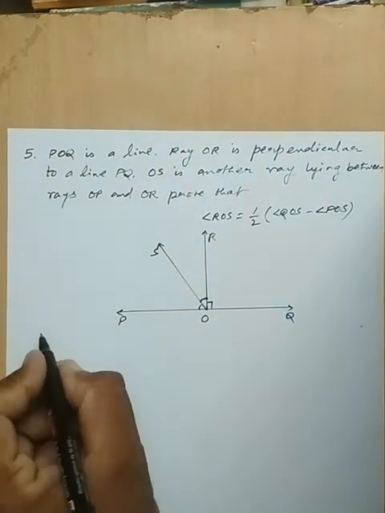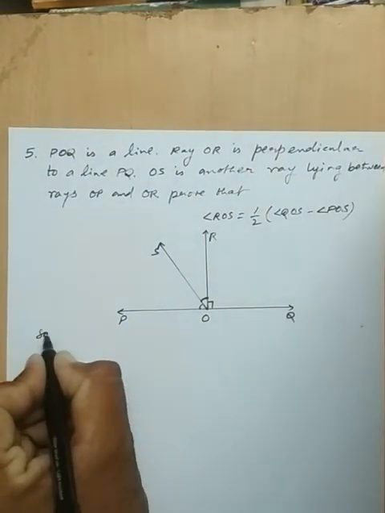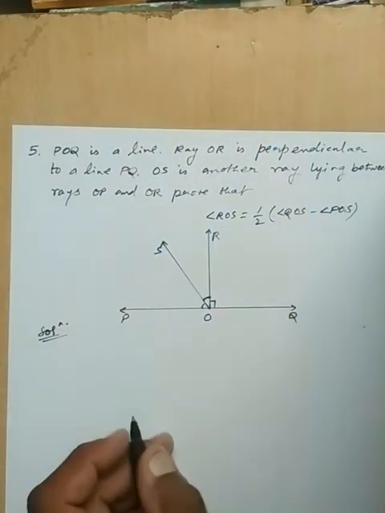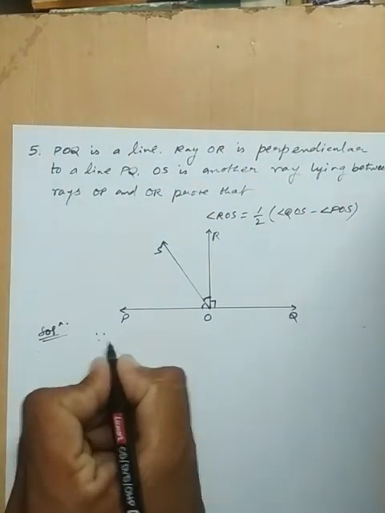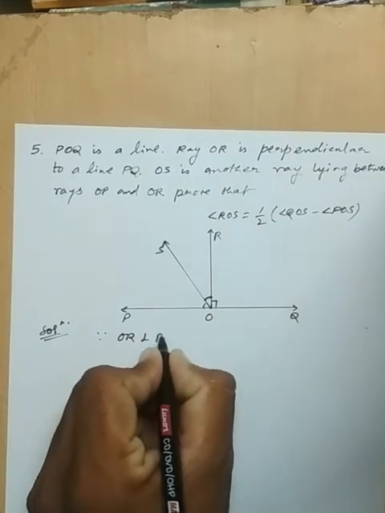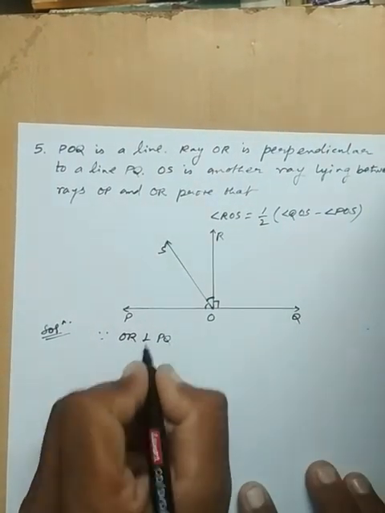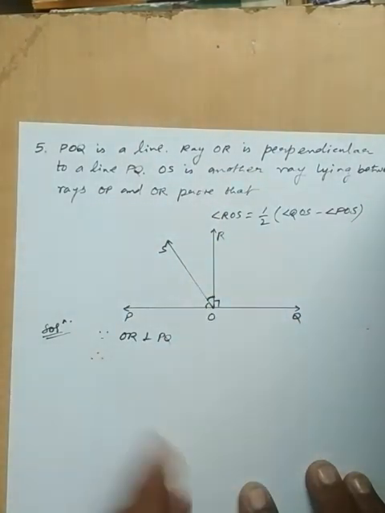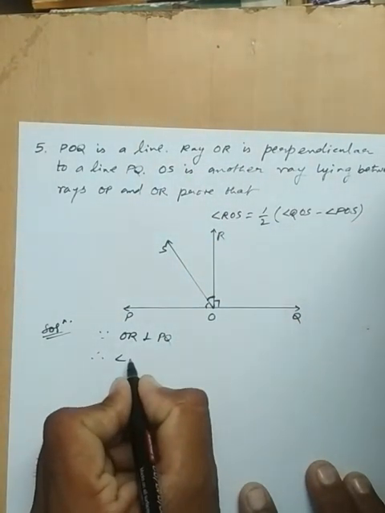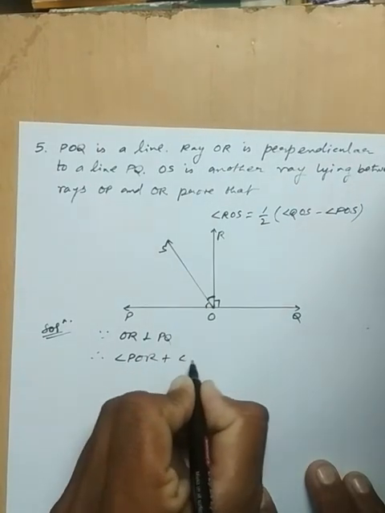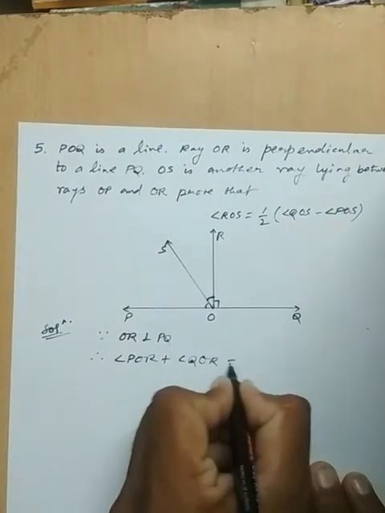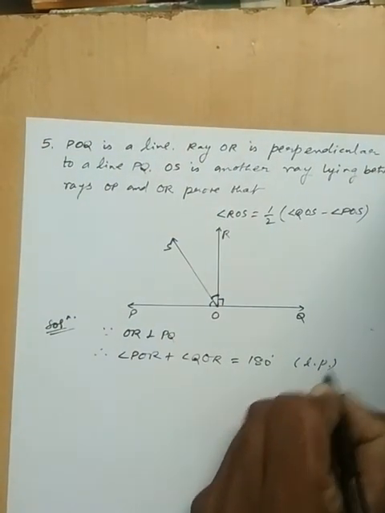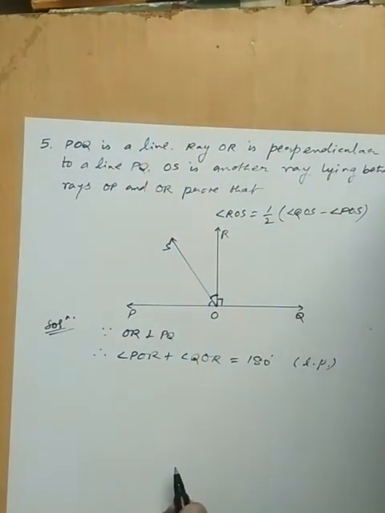For the solution, first, OR is perpendicular to PQ. Since OR is perpendicular to PQ, therefore POR and QOR are a linear pair, equal to 180, and QOR is 90 degrees.